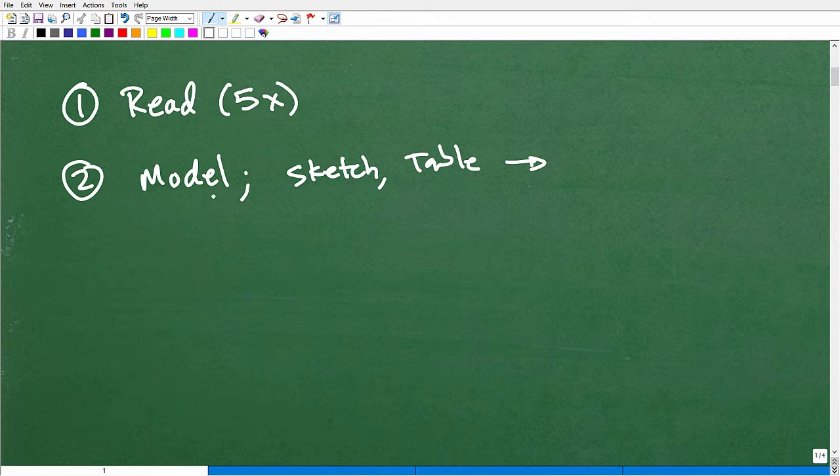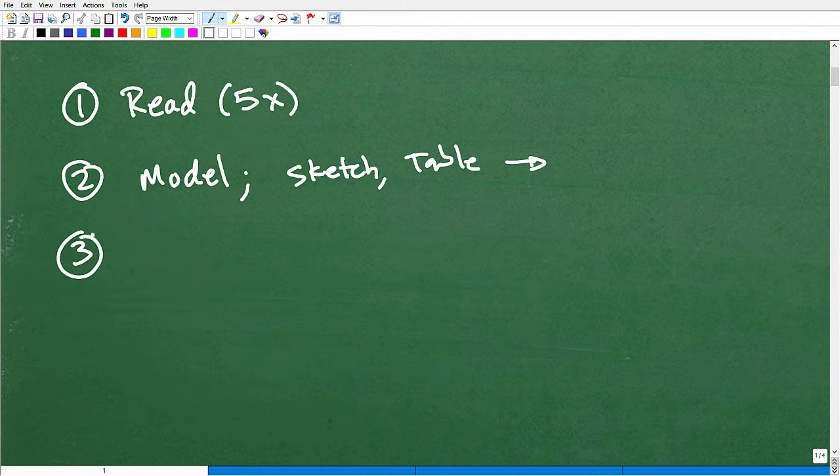So modeling is very important. Don't skip this step. Stylistically, this could be different for different students. One person's model could be different than another student's model, same problem, but both effective and both good as long as it is modeling the information in some way. You should strive to do this.